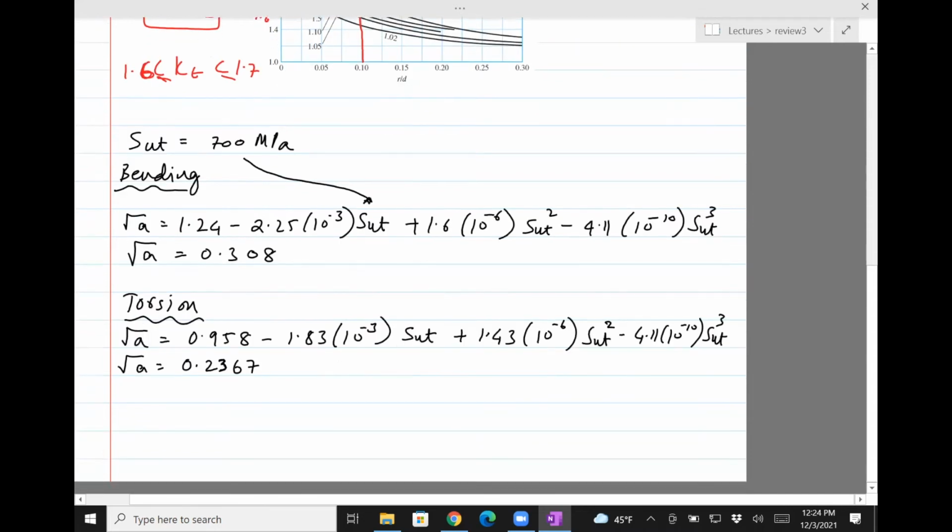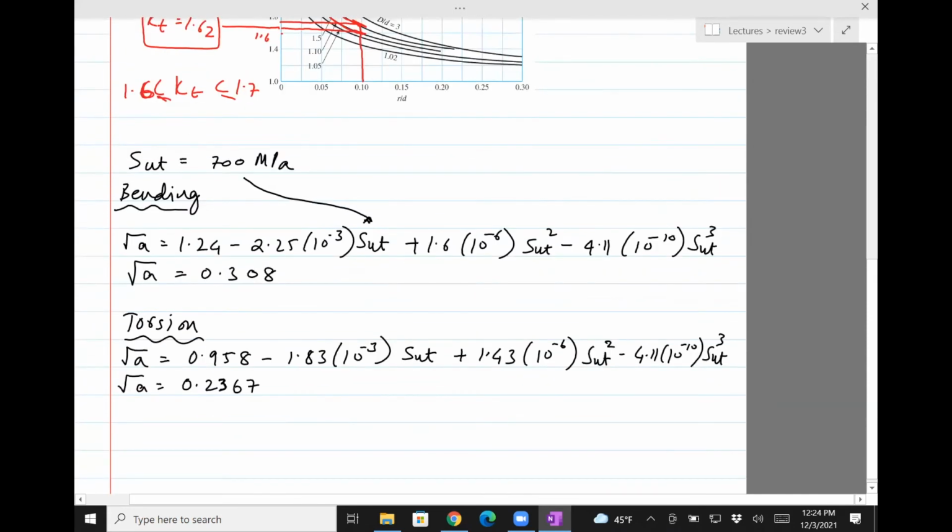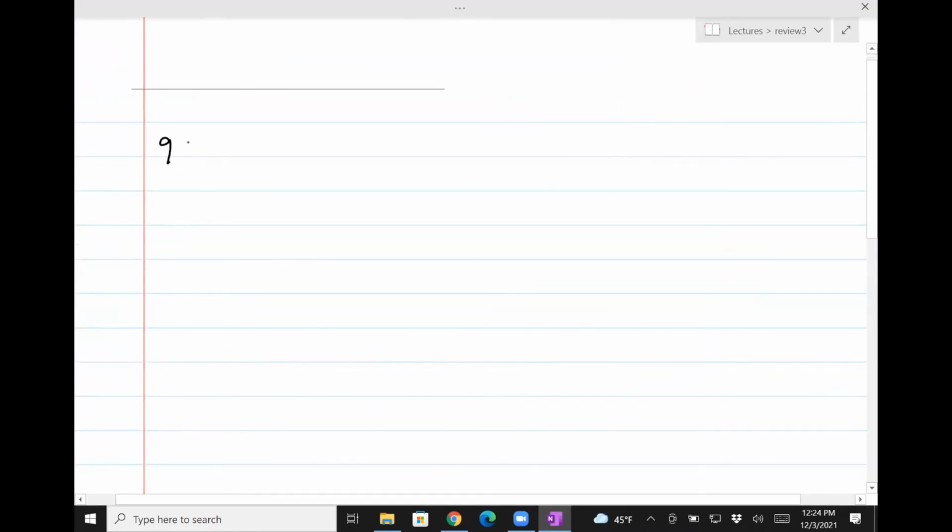Okay, so we've got square root of a, but we still have to find the notch sensitivity. There's a notch sensitivity for bending, and there's one for torsion. So let's do that. The notch sensitivity for bending is 1 over 1 plus square root of a divided by square root of r, but r is the radius, it's 3 millimeters.